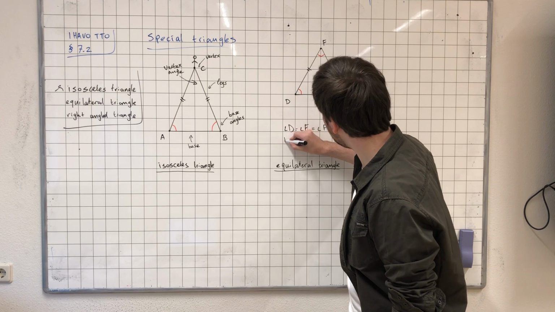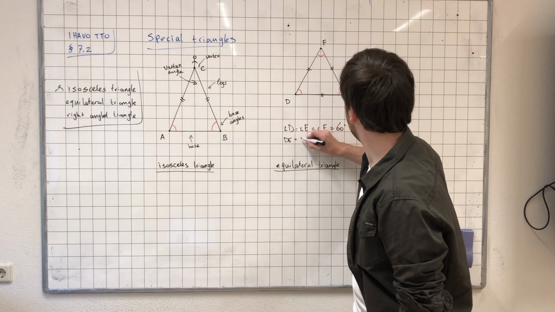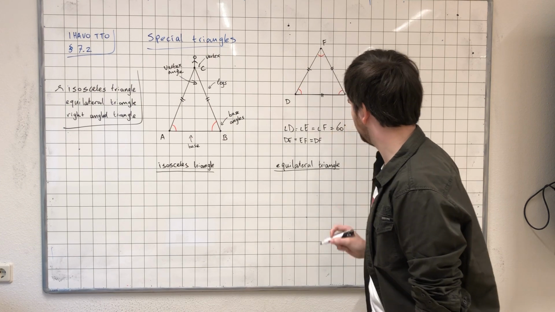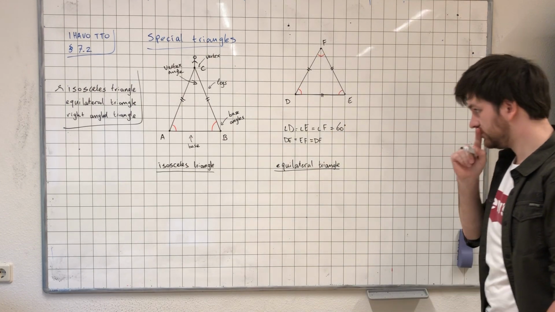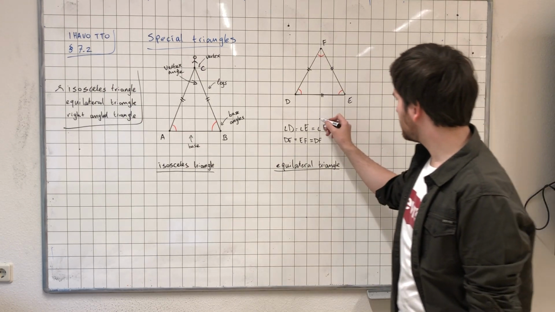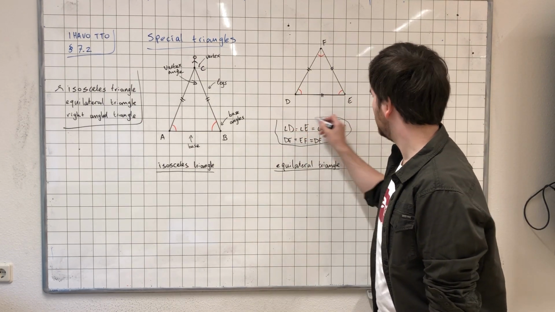Just to make sure, DE is the same as EF, which is the same as DF.